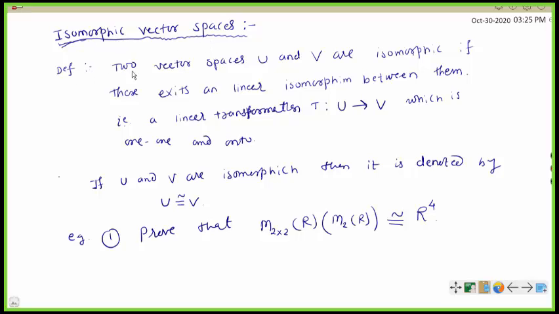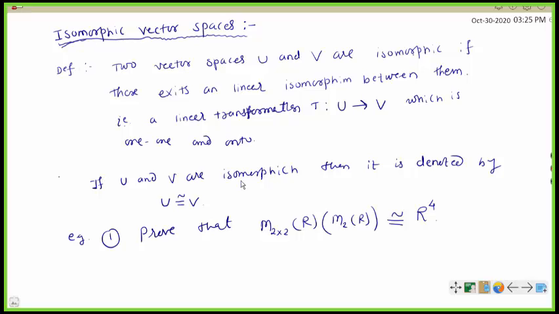Definition: two vector spaces U and V on the same field F are said to be isomorphic if there exists a linear isomorphism between them, that is, a linear transformation T from U to V which is 1-1 and onto.